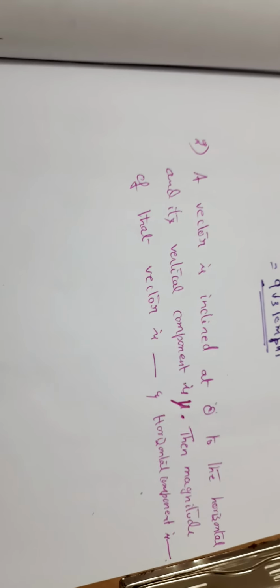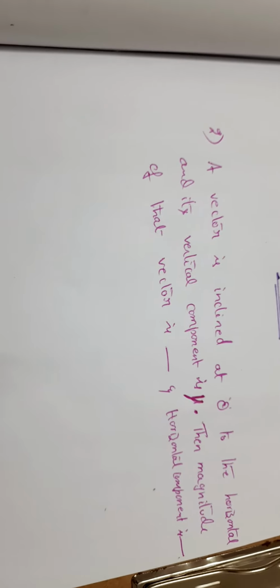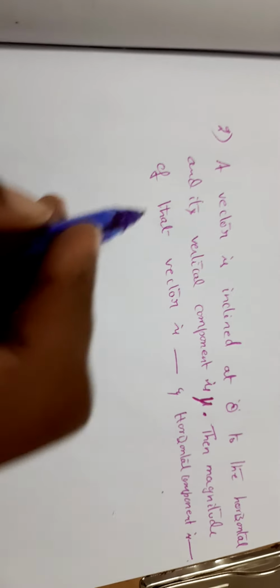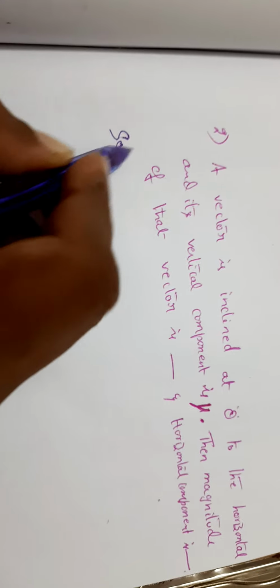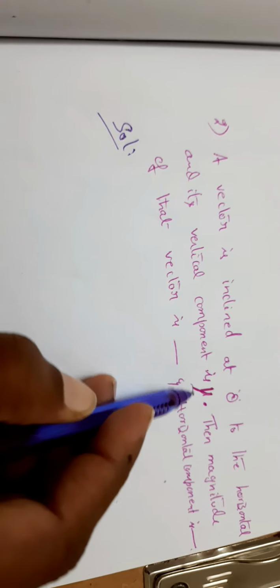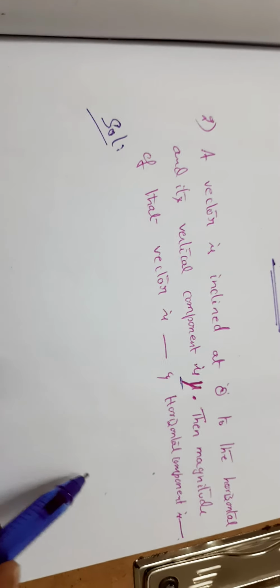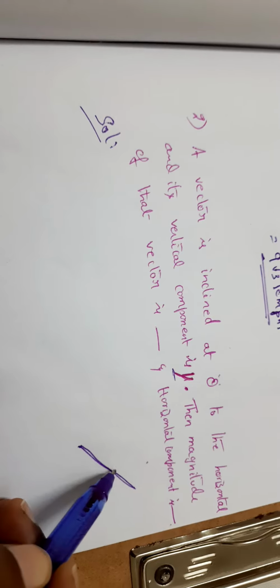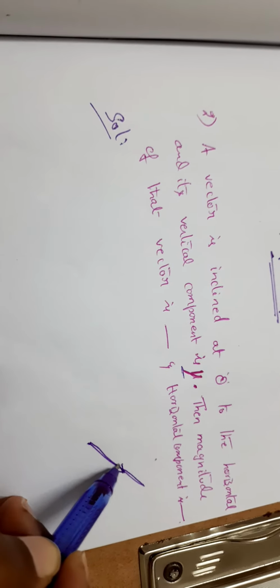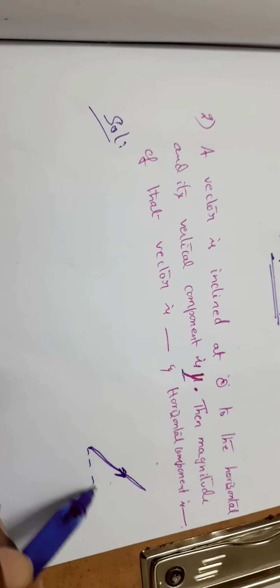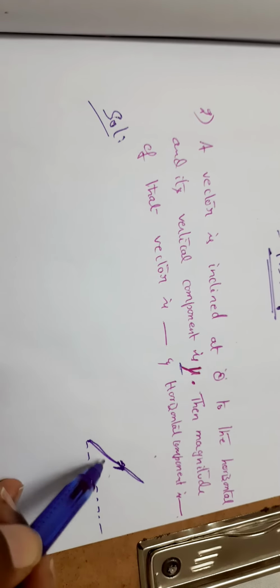Yes, now second one. A vector is inclined at theta to the horizontal, and its vertical component is given to be y. So let me draw a vector. This is my vector, and this is making an angle of theta with the horizontal.